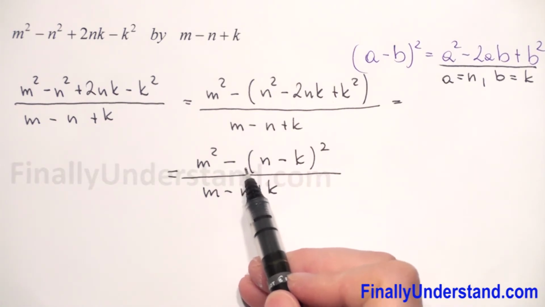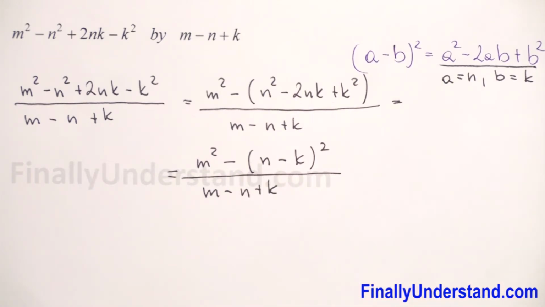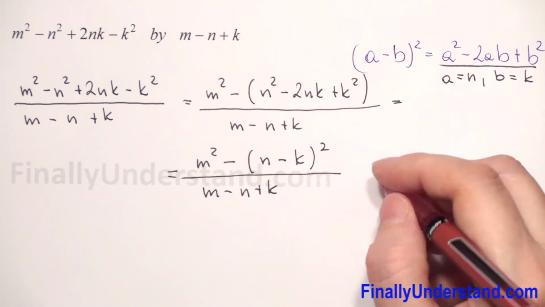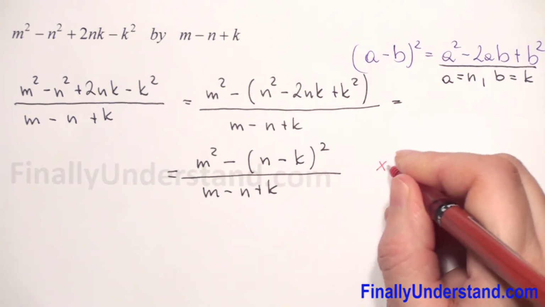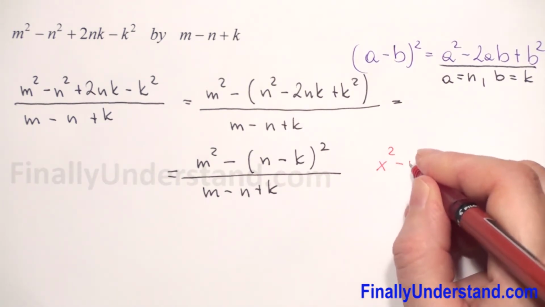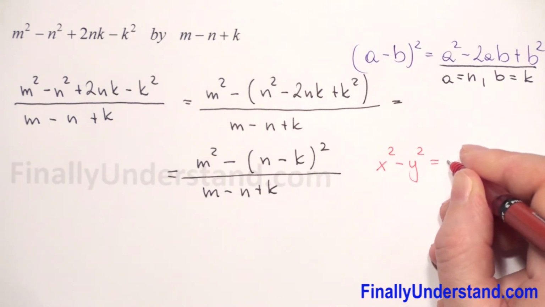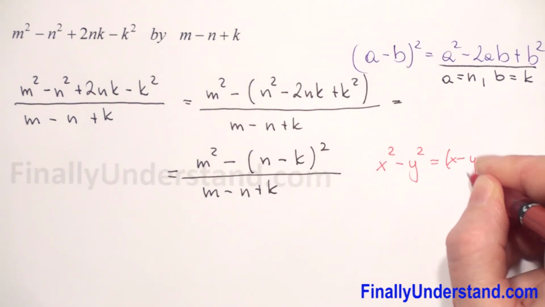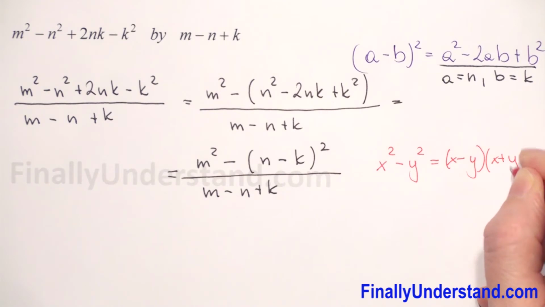So we have here the difference of two perfect squares formula. Let me remind you of this formula one more time. When we have x squared minus y squared, this is equal to x minus y times x plus y.